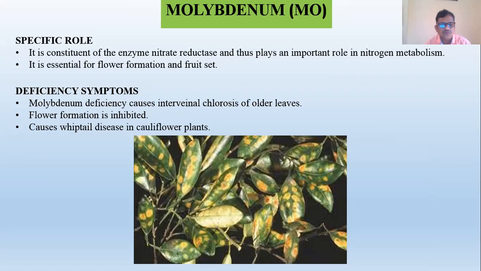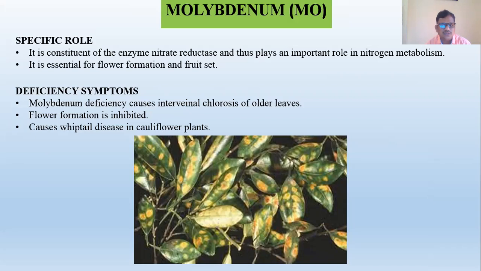Like this, there are so many examples of crops where a particular deficiency occurs on a particular crop. You may go through a number of examples; for our understanding, we are discussing them one by one for each element. So here, it causes whiptail disease in cauliflower.